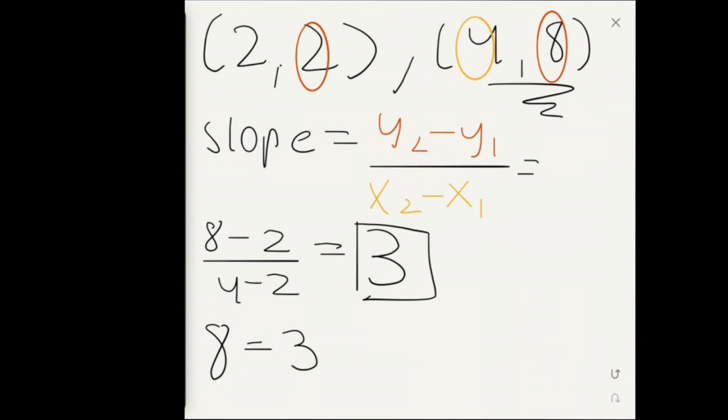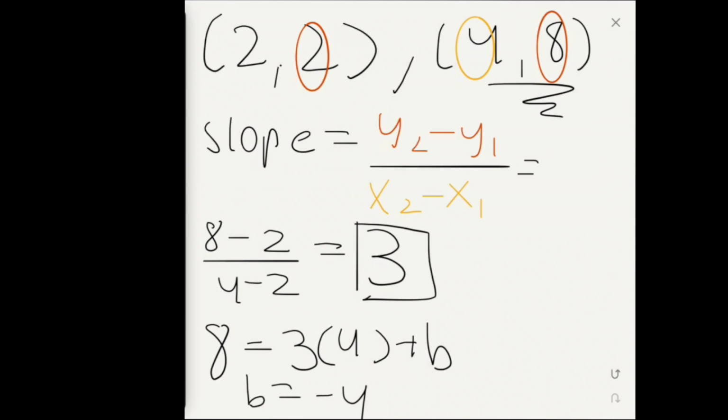Let's take from the same coordinate we got 8 from, 4 plus b. We don't know the value of b because that is what we're trying to find. Now let's simplify this and we get b is equal to, so 4 times 3 is 12 and we subtract 12 from each side to get b is equal to -4.